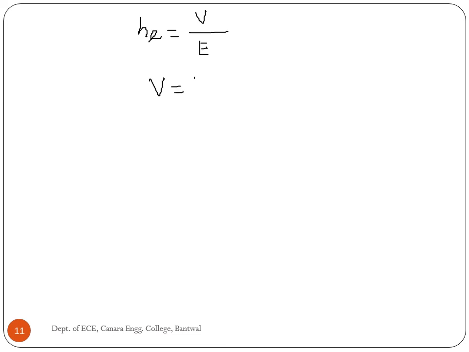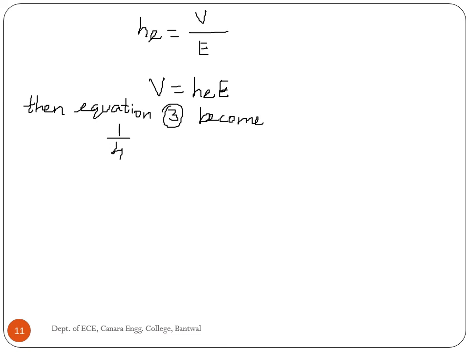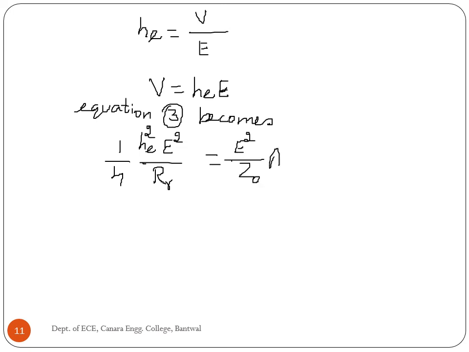Therefore, V equal to HE into E. Substitute the induced voltage in equation 3, then equation 3 becomes one by 4 HE square E square divided by RR, which is equal to E square divided by Z0 into AE.